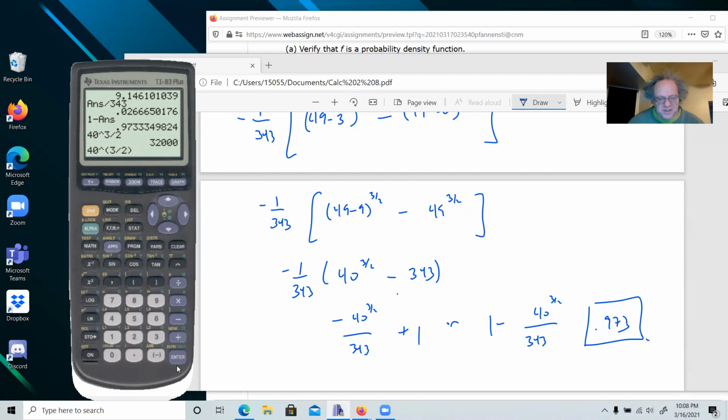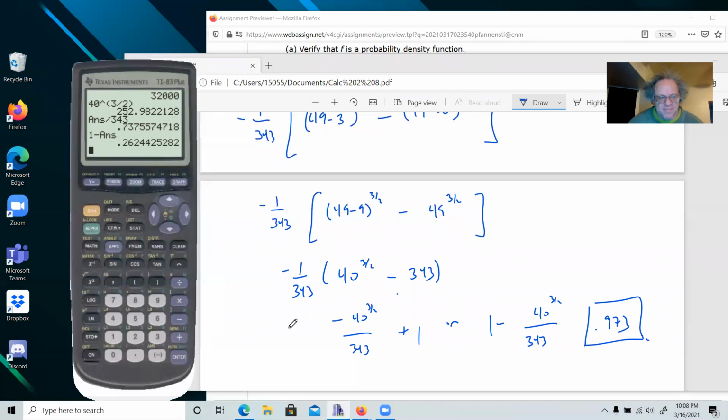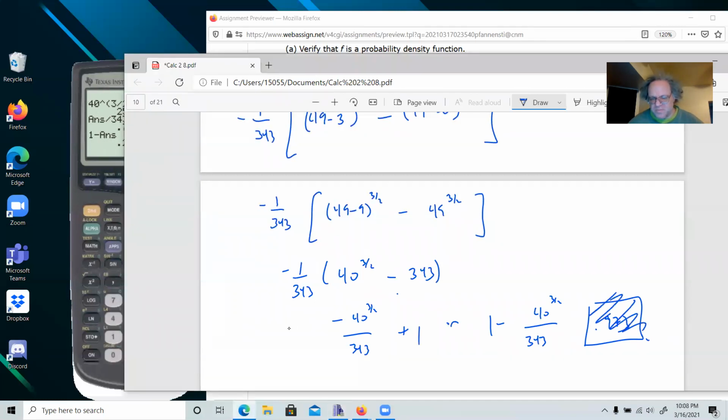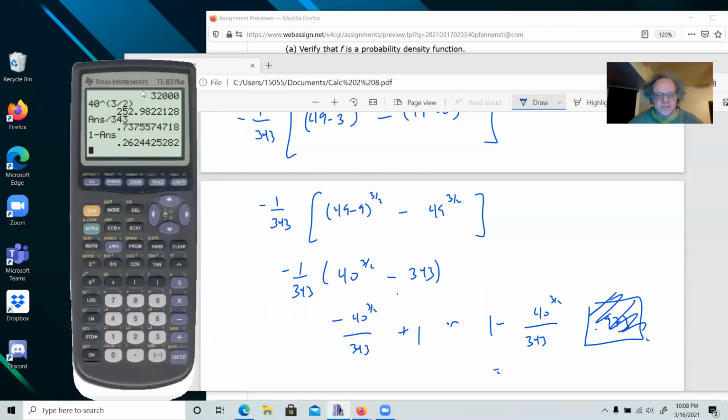As soon as I typed it in, I knew. I was like, that ain't working. That's divided by 343. Sorry about that. And then 1 minus this value. That's terrible. This is 0.262.